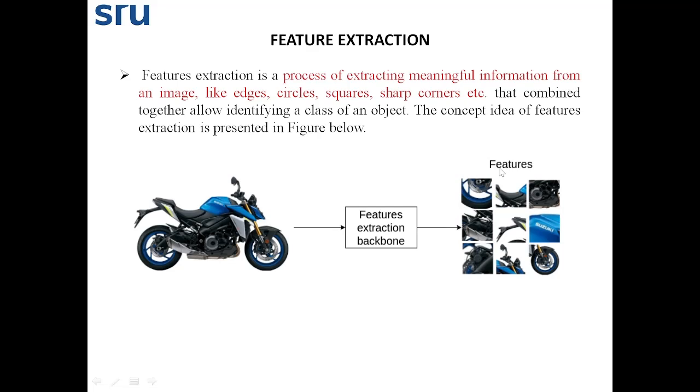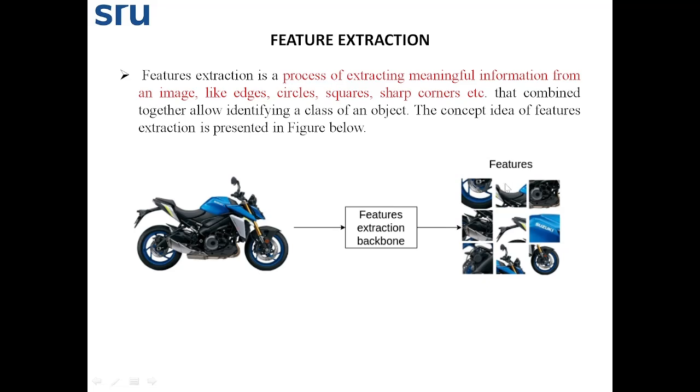And when we see these features, here we have some portion of the tire, some portion of the seat, again the front portion of the vehicle. Then here we have another portion of the vehicle. Here, the wheel of the vehicle. These are important features, and they are meaningful because by seeing this image we can know that it is a tire of a vehicle.